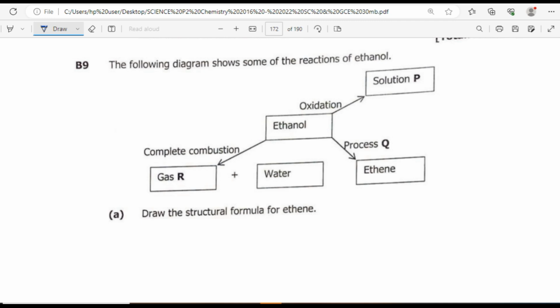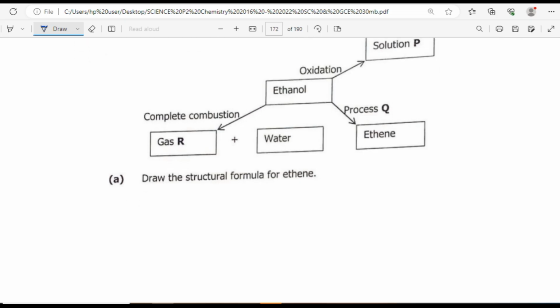Okay, so now the following diagram shows some of the reactions of ethanol. So oxidation, solution P, process Q, ethene, then complete combustion, we have gas R plus water. Then draw the structural formula of ethene. So ethene, because of ene, is an alkene.